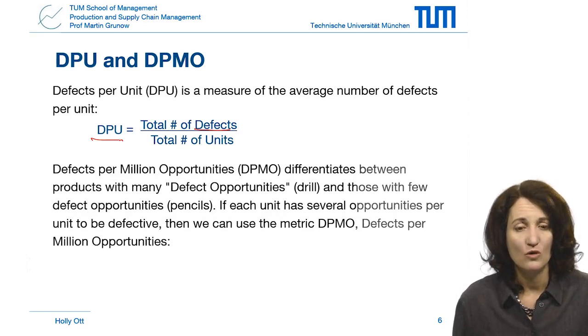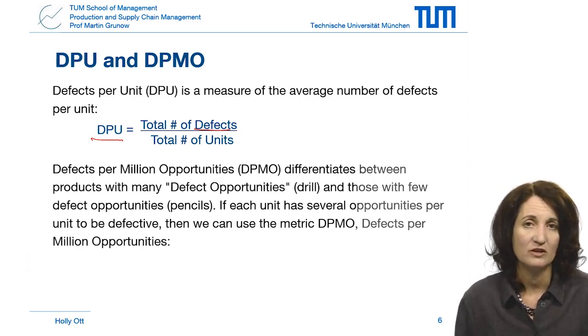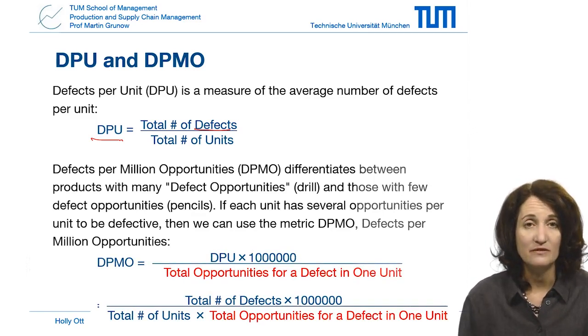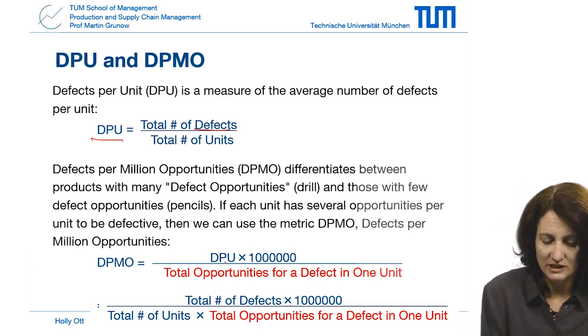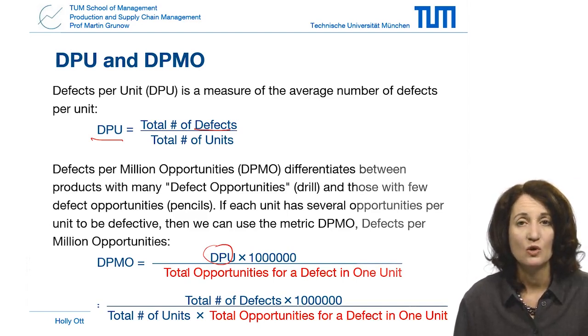The DPMO, or defects per million opportunities, is a metric which differentiates between products with many defect opportunities, like our drill, and those with very few defect opportunities, which is our pencil in this example. If each unit has several opportunities per unit, so critical to quality characteristics, to be defective, then we can talk about DPMO as the defects per million opportunities equal to our DPU times a million divided by the total opportunities for a defect in one unit.